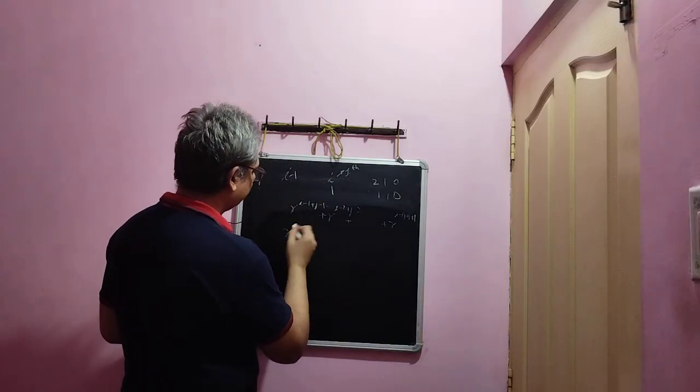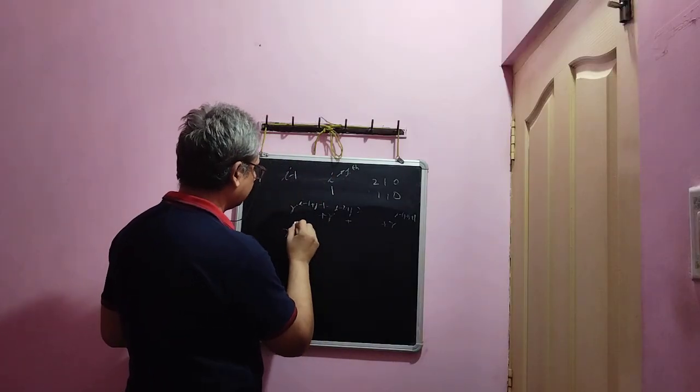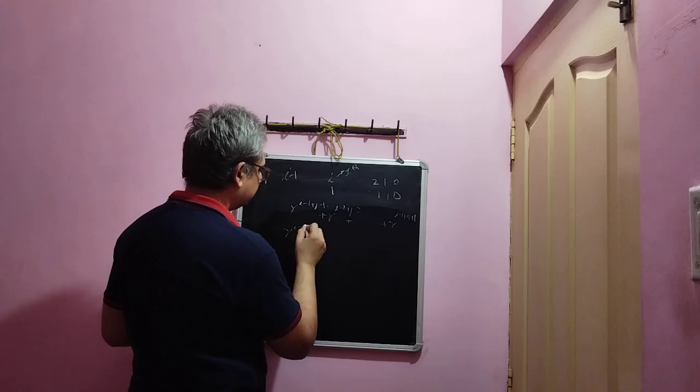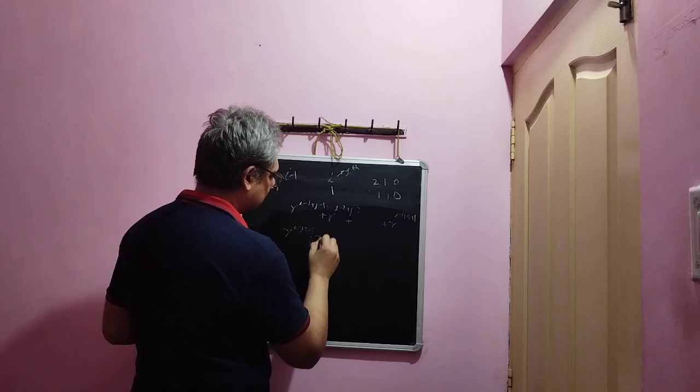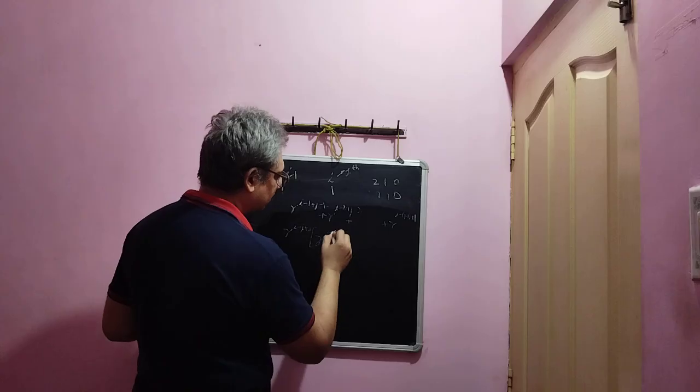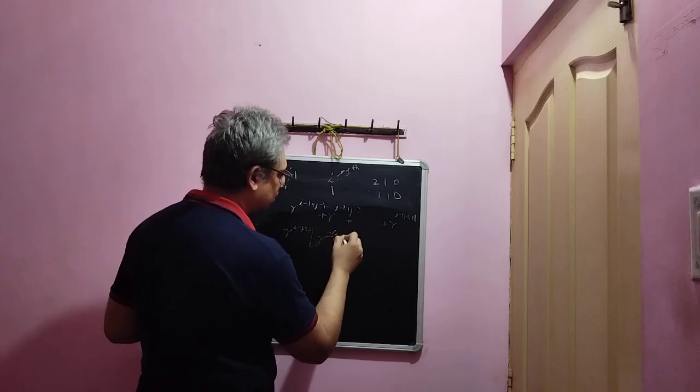If you take the first term as a common factor, you have r power i minus j plus 2 times a GP in r square, with exactly j minus 1 terms.